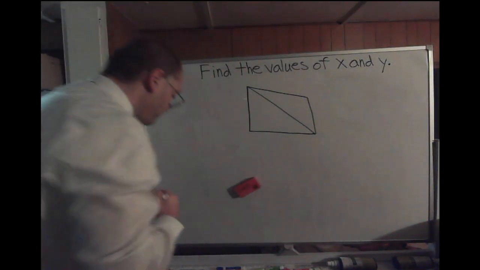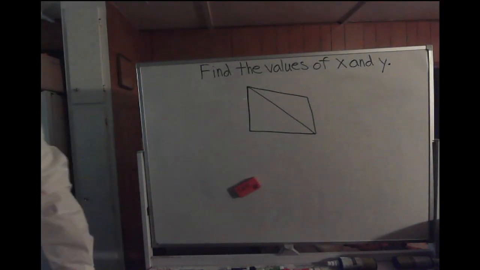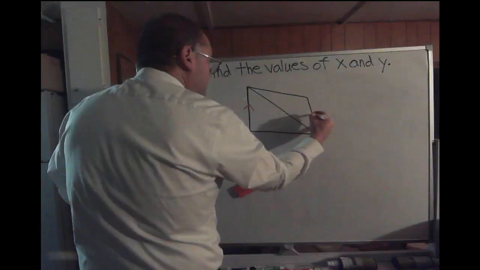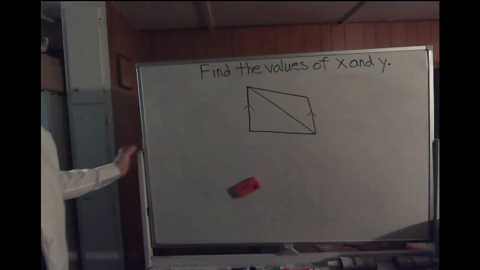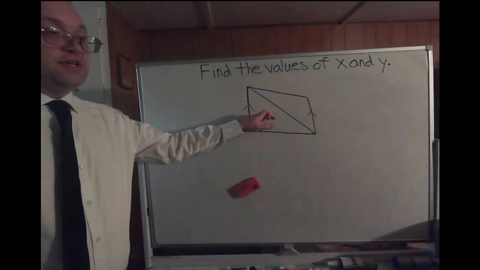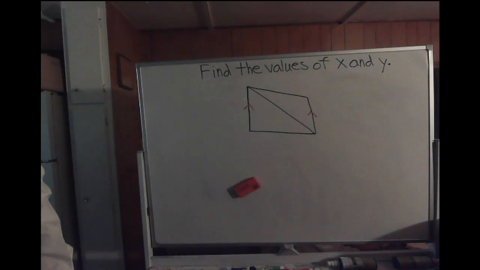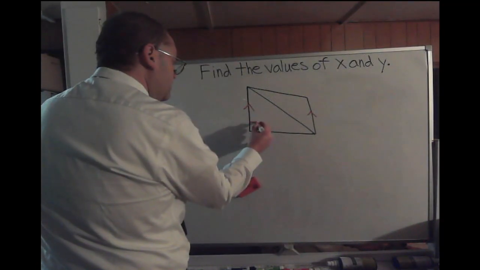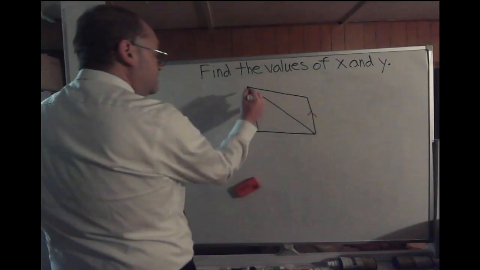Now, what have we got? We're given that these two lines are parallel to each other. So at least the left and right side are parallel to each other. I think by looking at this, it's clear to see the top and bottom are not parallel. Okay. We have a right angle here, so that means this line's perpendicular to that one.